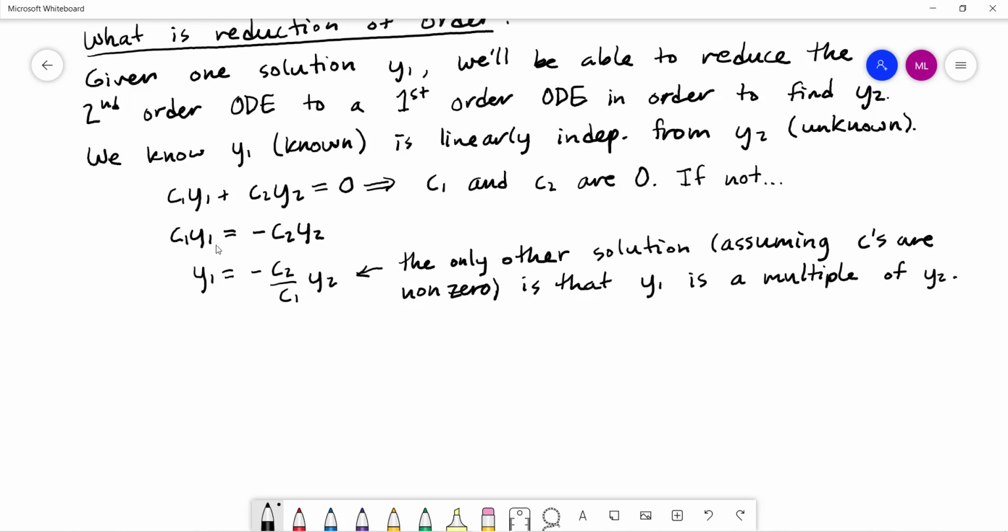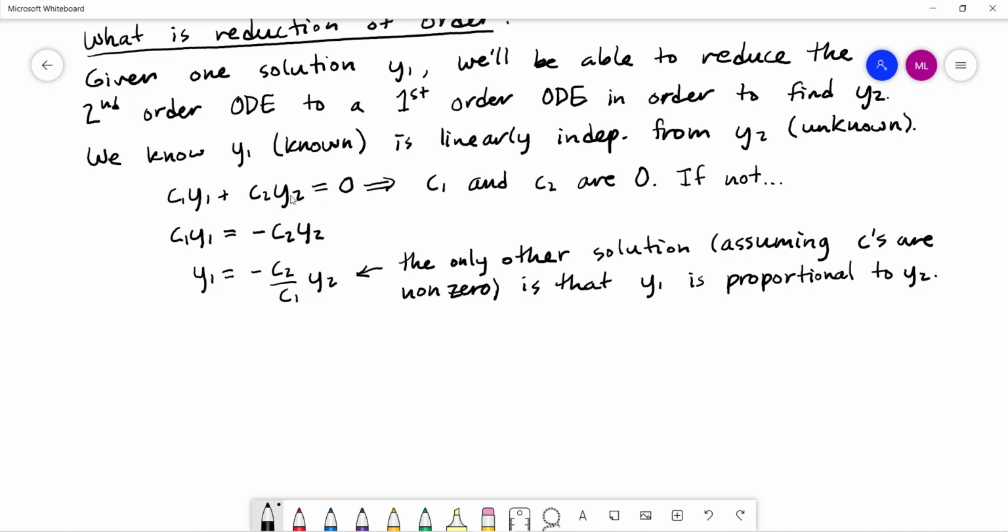Or that you could come up with a constant of proportionality. Maybe that's a better word. Instead of a multiple, let me write it this way: y1 is proportional to y2. They're really the same function, potentially with just different constants in front of them.